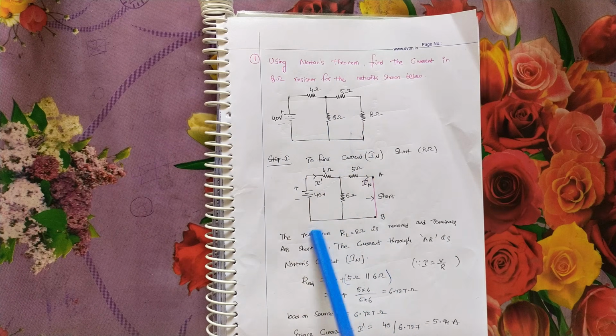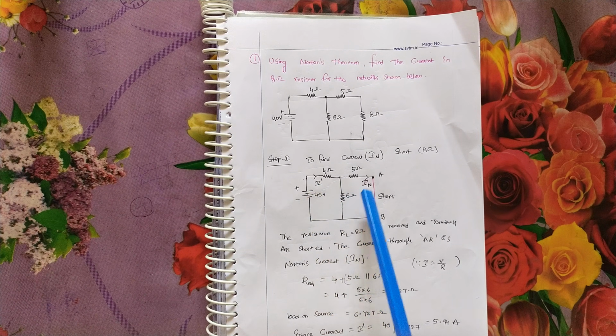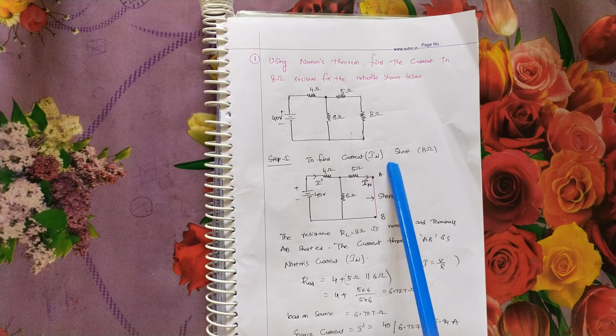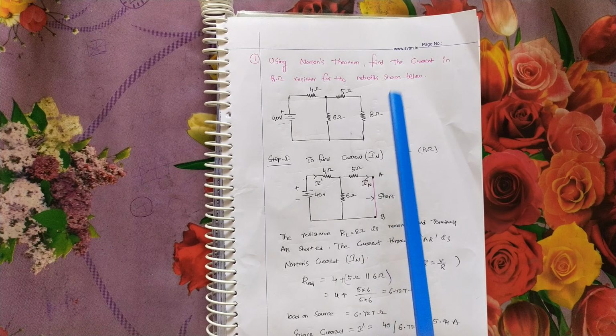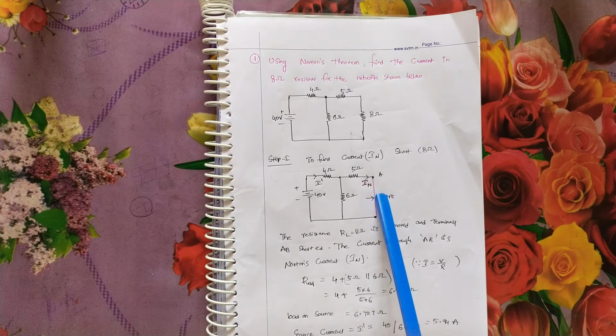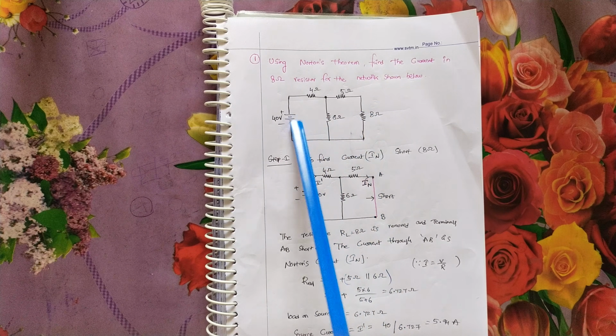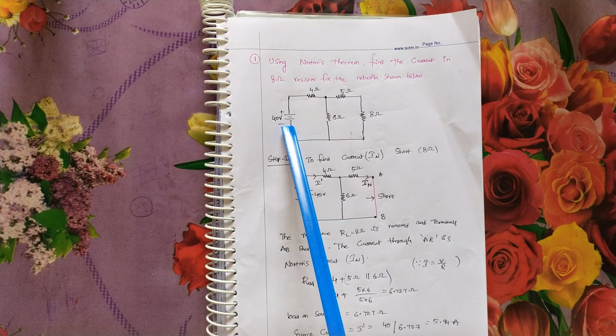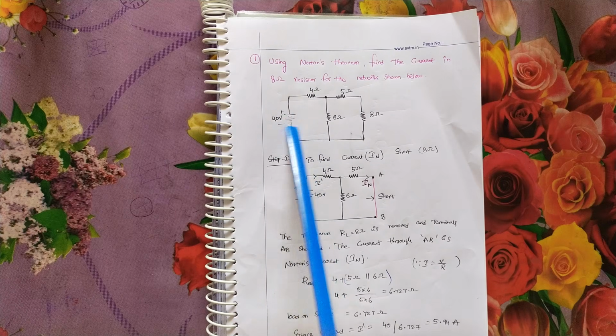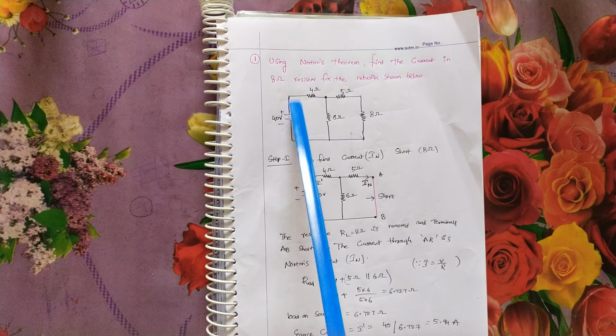We converted the given circuit into this form. First, by short circuiting the 8 ohms where we want to calculate, we find Norton's current. In the second step, with the load open circuited, voltage sources are replaced by their internal resistance. If a voltage source is there, it is short circuited. If any current source is there, it is open circuited.